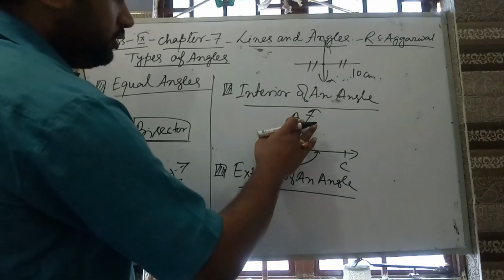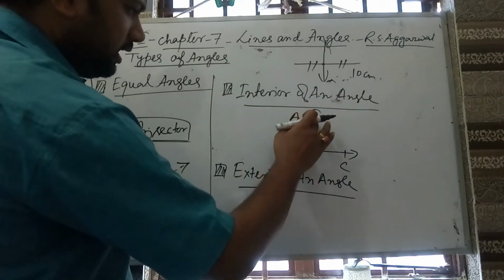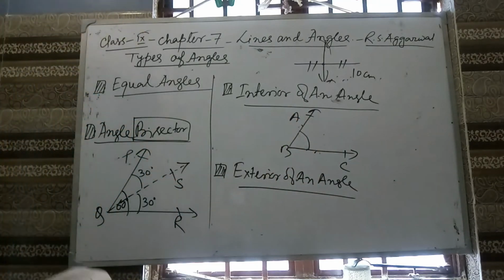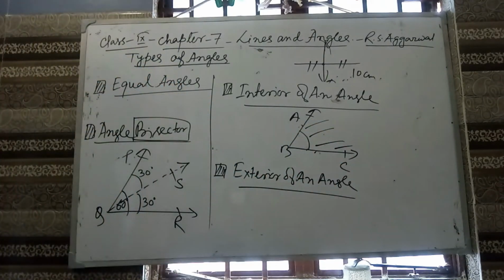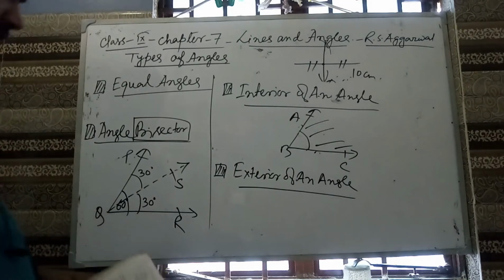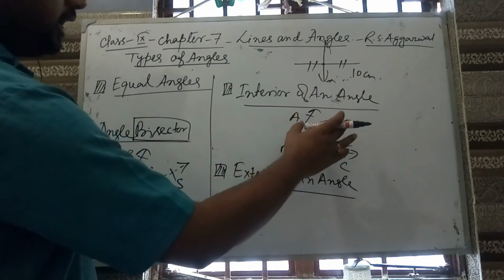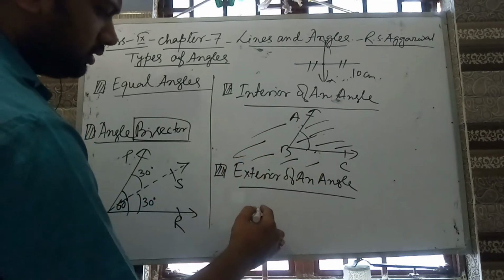So here if we consider this angle ABC, that means the inside portion of this angle, then interior of an angle is this portion. Now what is exterior? If this portion is interior, then the remaining portion will be exterior.